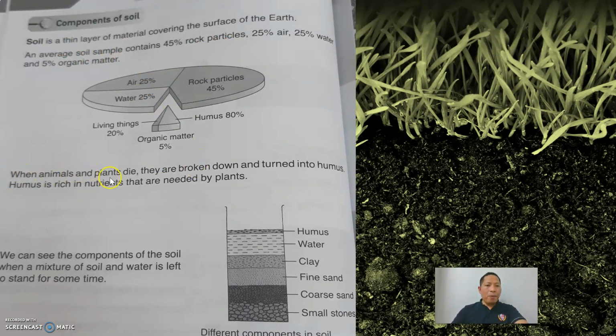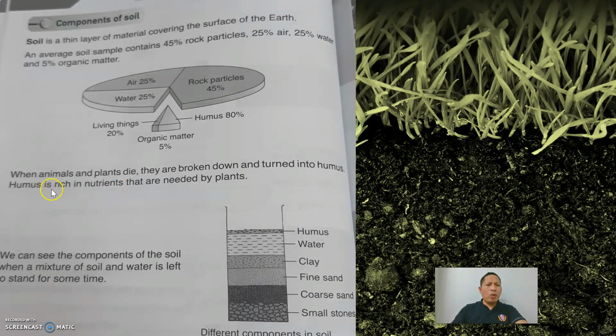When animals and plants die, they are broken down and turned into humus. And humus is rich in nutrients that are needed by plants. So we all know that humus is the ingredient for the plants to have good minerals.